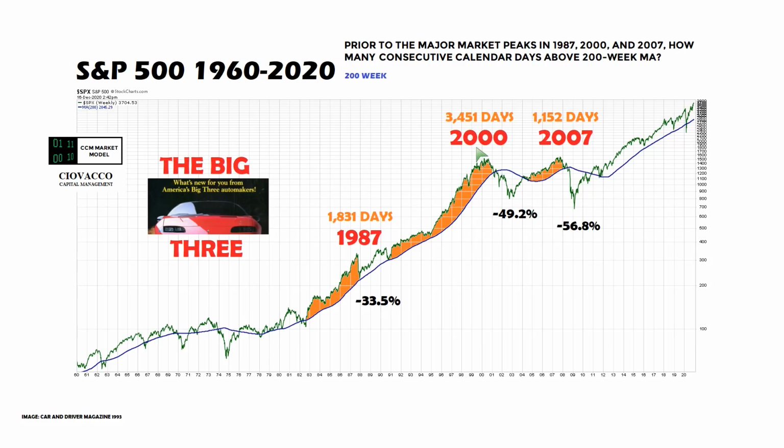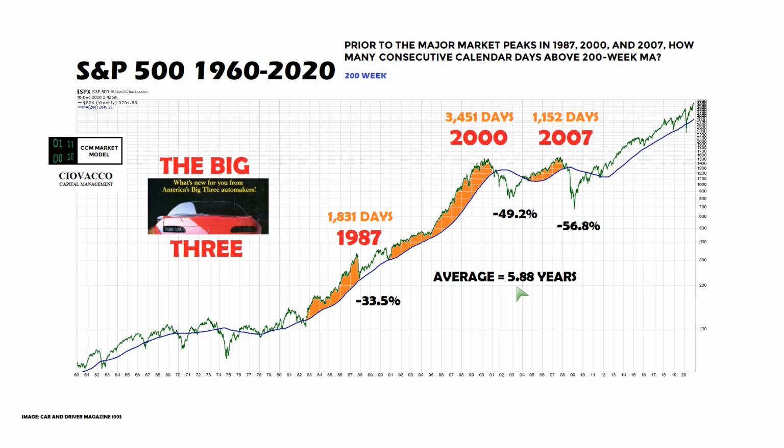If we look at these three cases, unbelievably, the average period of time without a close below the 200-week moving average is 5.88 years.